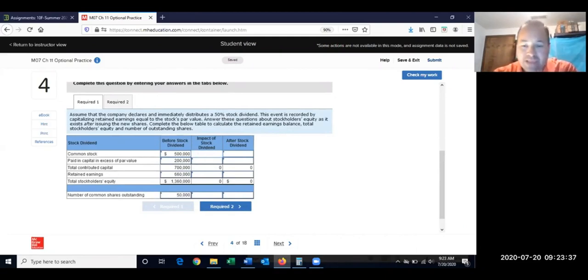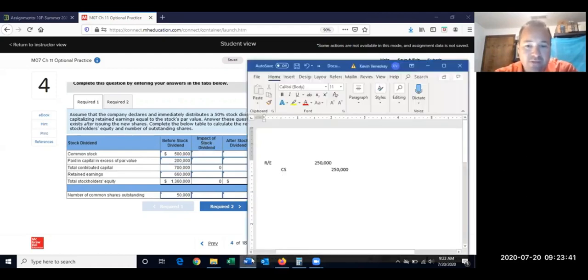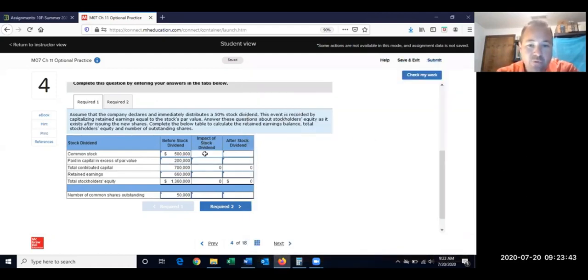All right, common stock. What happened? Impact of the stock dividend. Well, basically the journal entry says we added another 250,000 because of the dividend. And so my total is $750,000. I didn't put anything into the excess of par, so it's still at 200,000.